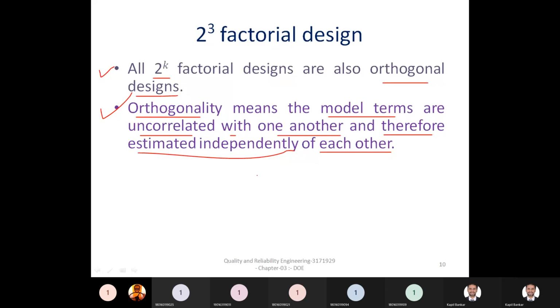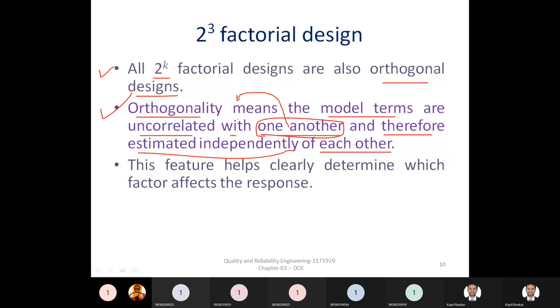It means one factor does not depend on another factor, so that particular independent factor can have an effect on your response. This feature helps clearly determine which factor affects the response. As I told you, determining which factor directly affects your response is possible only if orthogonality is there.